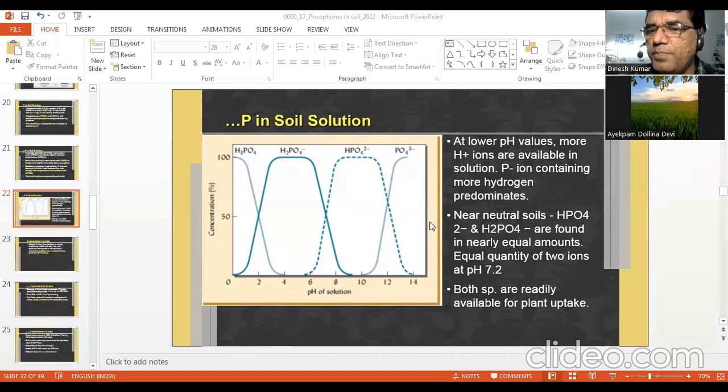I have seen in many books that at pH 7.2 you get equal quantities of H2PO4 and HPO4, 50-50. Whatever available phosphorus is there, 50% is H2PO4 and 50% is HPO4. So both species are readily available for plant uptake.